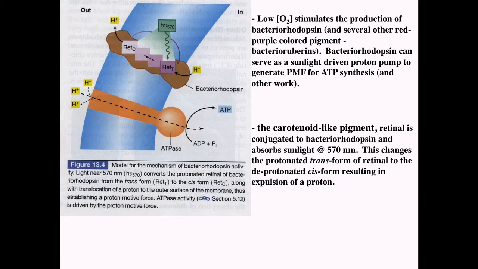So those bright colors, those purplish colors that I showed you in those saline ponds, those salt ponds, were due to a pigment called bacteriorhodopsin. This term is a little bit archaic, no pun intended, because it was believed at the time it was discovered that these were actually bacteria. We now know that they are archaea.